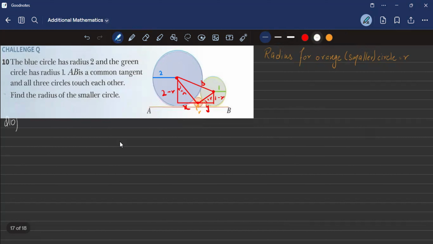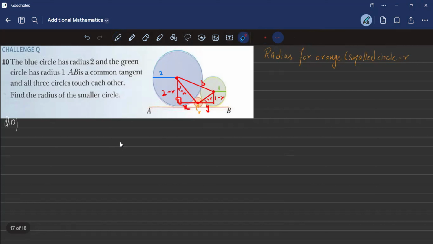So first of all, for this question, what problem do we encounter? We need to find the value of x and y. For x and y, we already know they are right angle triangles. These two are right angle triangles because they're parallel to the tangent AB.